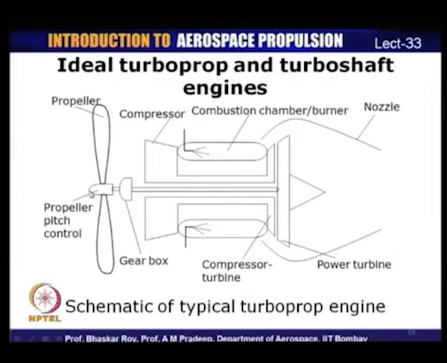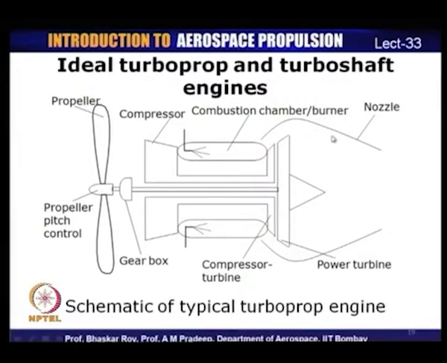And since the propeller speeds are limited, the rotational speeds are limited, invariably there is a gearbox which reduces the speed of the shaft from the turbine, so that the propeller can run at relatively lower speed. So, a gearbox is also a constituent of this arrangement, and you may also have a propeller pitch control mechanism for changing the pitch, which you had already seen in some of the earlier lectures.